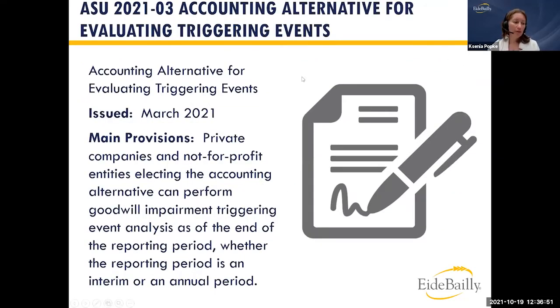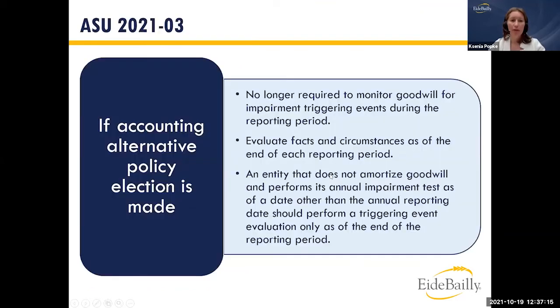Another standard around goodwill is the accounting alternative for evaluating triggering events, which was just issued this year in March 2021. And the idea is that the triggering event analysis can be performed at the end of the reporting period. You do not necessarily have to do it during the year.